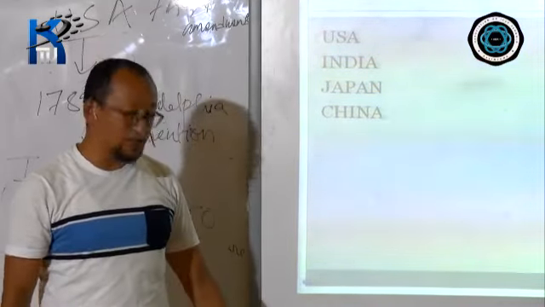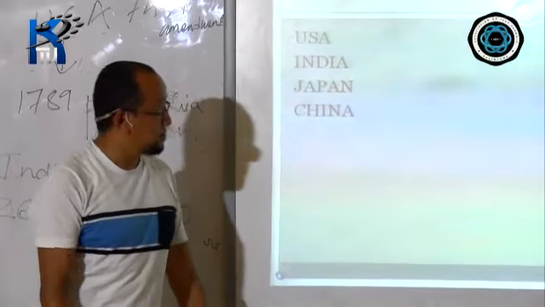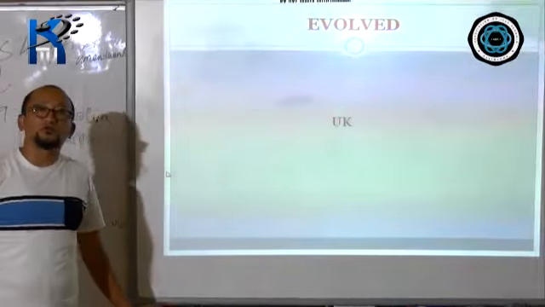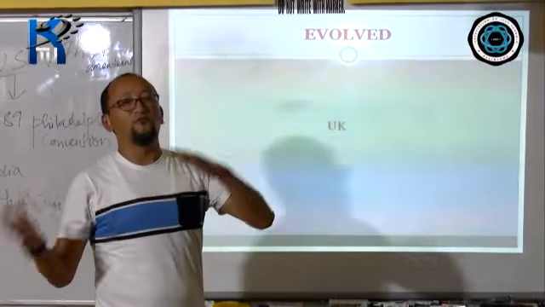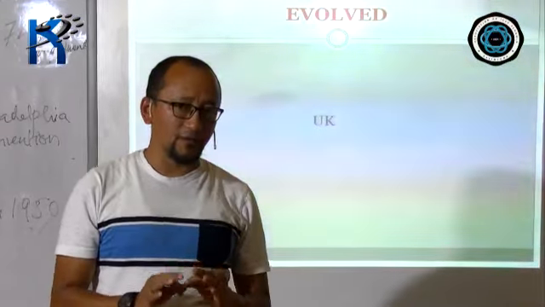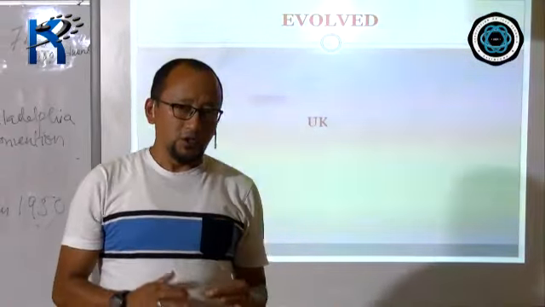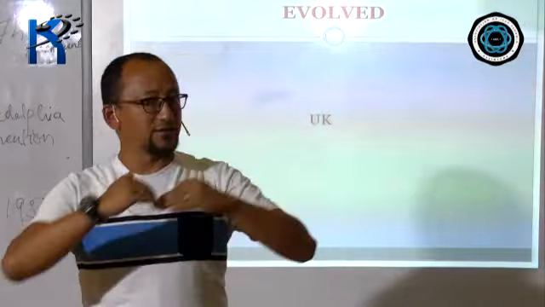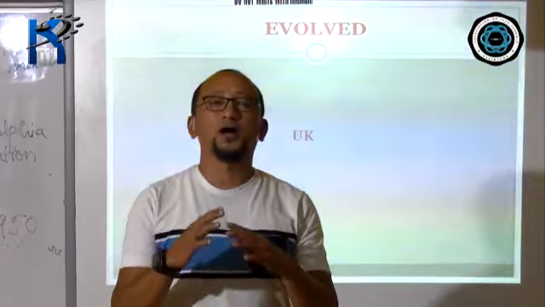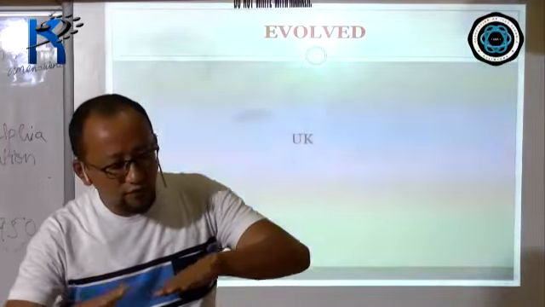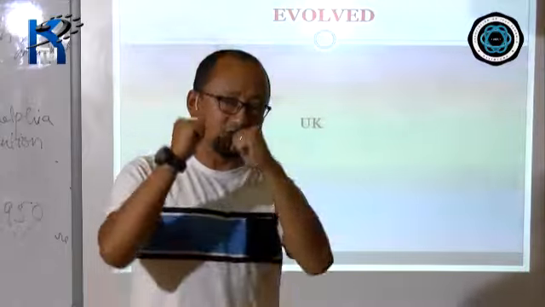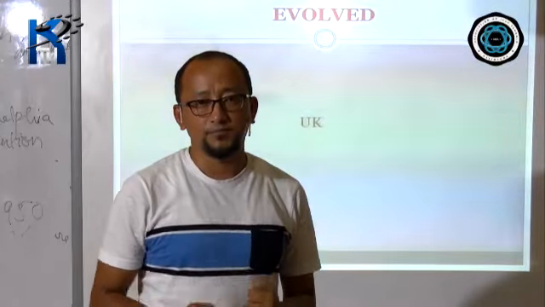So now let's move into the last, okay? That is evolved constitution, all right? So enacted, evolved. Now if you talk about evolved constitution, children, please remember one thing. What is evolved constitution? I'm sure you understand the term evolution, all right? Evolved constitutions are those which have evolved over a long period of time, and have evolved to be a good set of rules and regulations, all right?